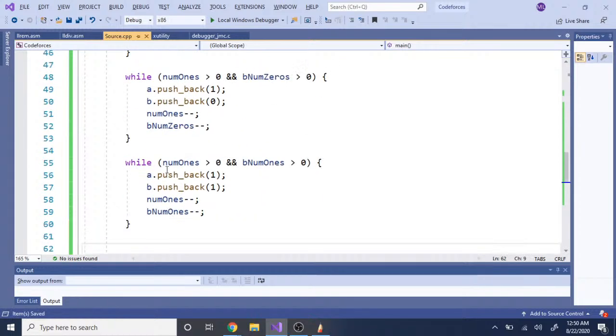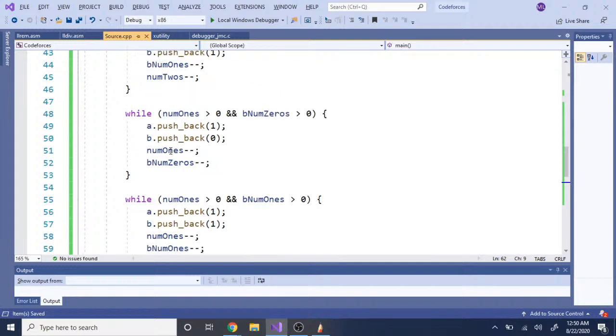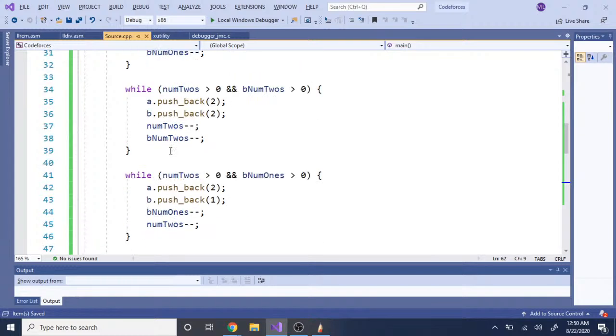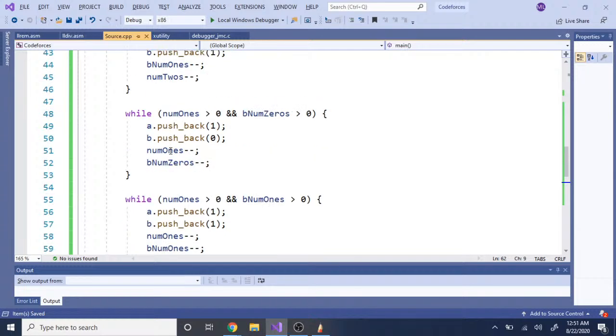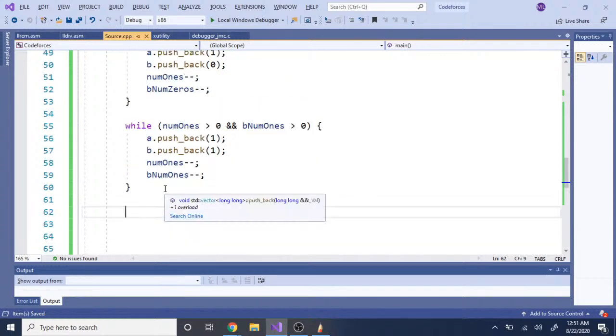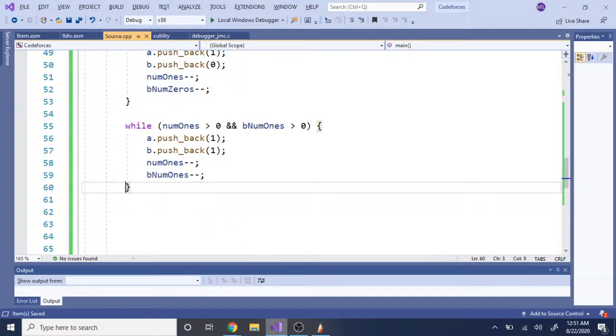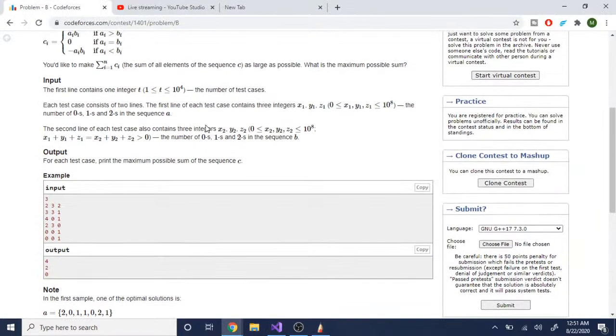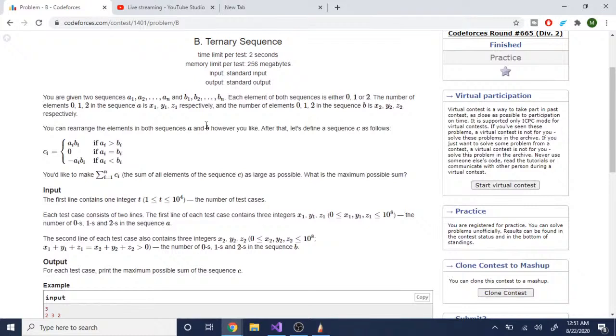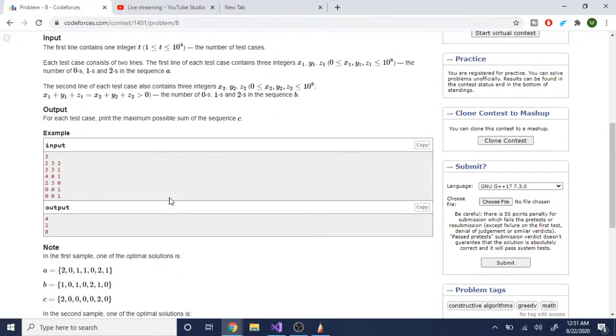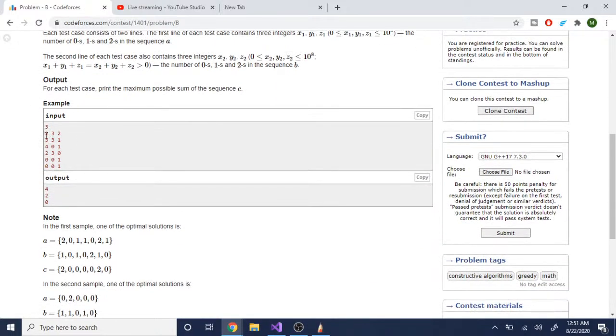Assuming, would we still have 2's at this point? I'm trying to go through all the scenarios. How many numbers do we have to push? Let's see. We're going to rearrange both A and B anywhere you like. There's a sequence of C as follows: 2, 3, 1, 2, 3, 2, 2, 3, 1, 6, 7.